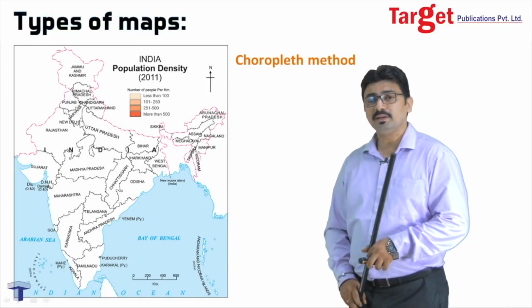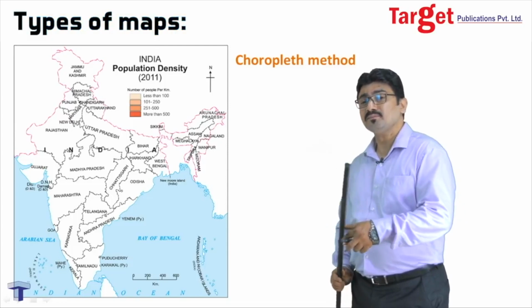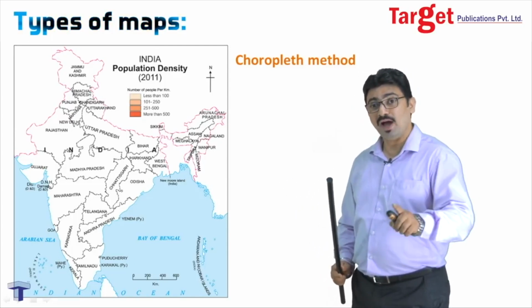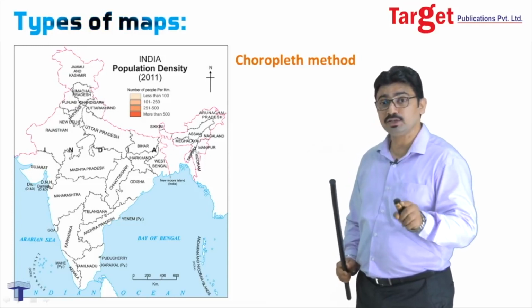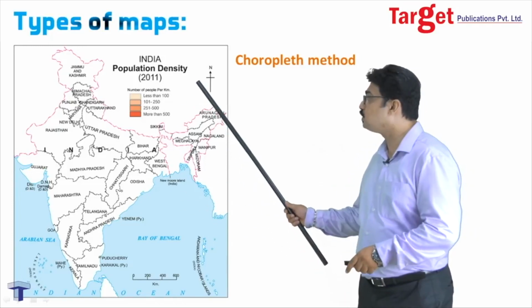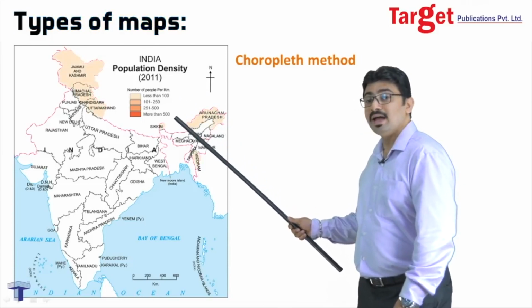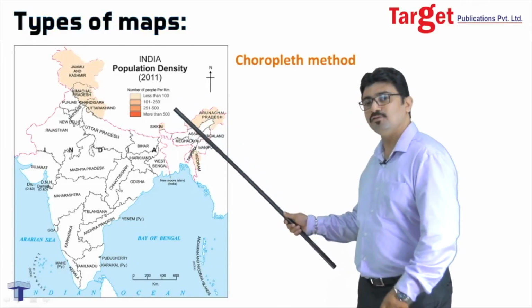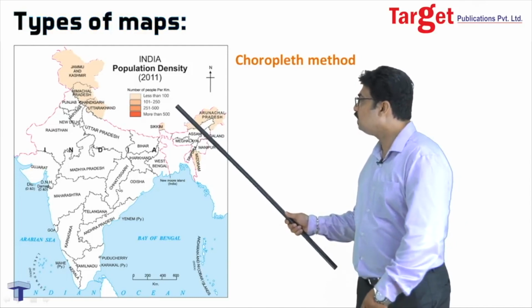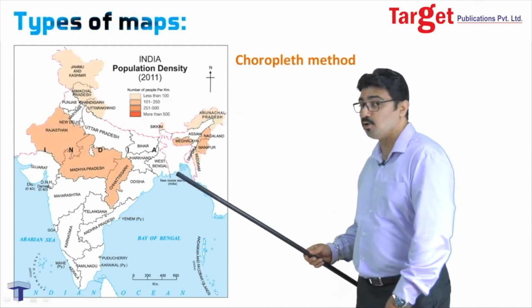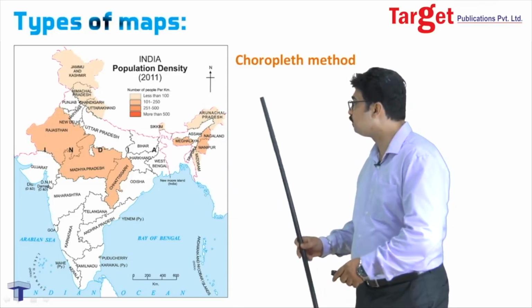Again, the choropleth method uses various shades for various categories of values of the required feature. Again, we are using population density as the example, and various shades are used to indicate different categories of population density. So, let us see how these colors are being filled up so that we understand how the choropleth method actually functions.